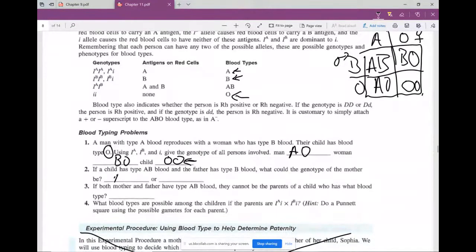So the mother would be AO, or could the mother be AA? AB, yeah. The mother could be AA.